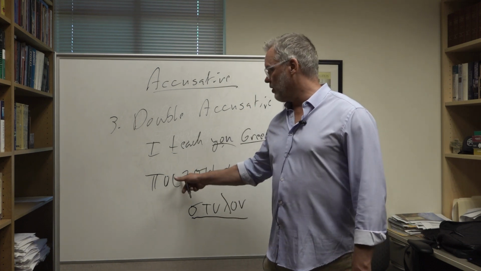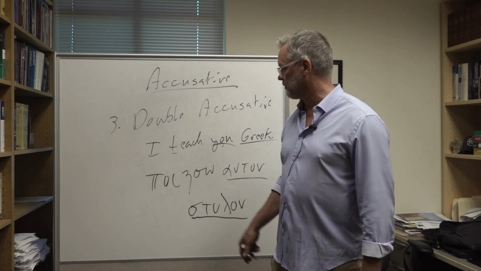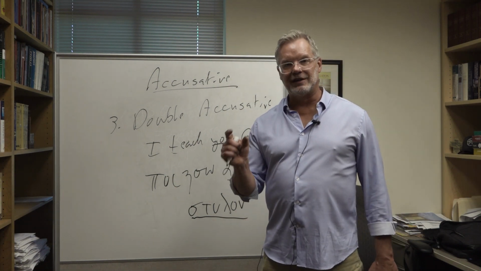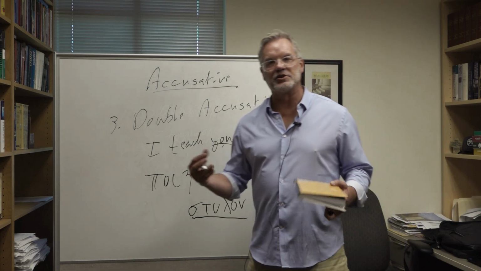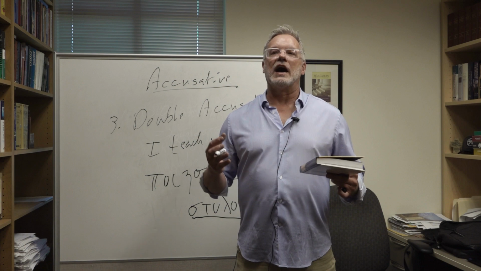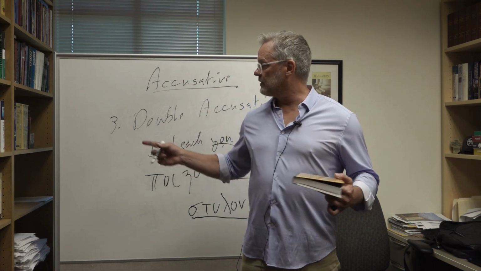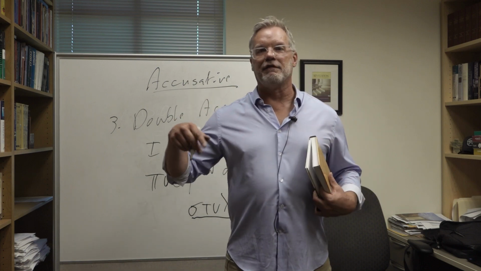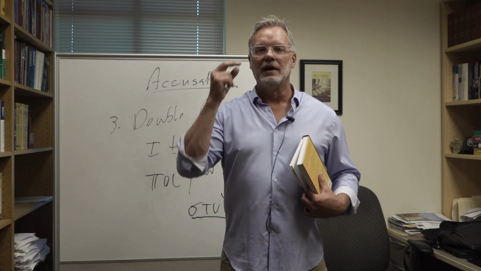Again, poieo, which is the form that lies behind poieso, the future form, is one of those verbs that can take two accusatives. So just be aware of this construction. It's a rather specialized construction. In my opinion, it's a kind of subset of the direct object, but it's restricted to certain verbs. Don't confuse it with the fact that any verb can take two, three, four, as many direct objects as you want.